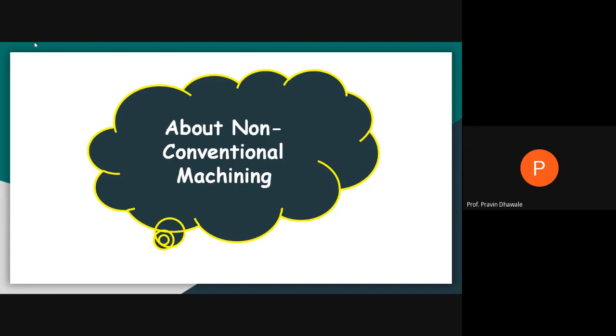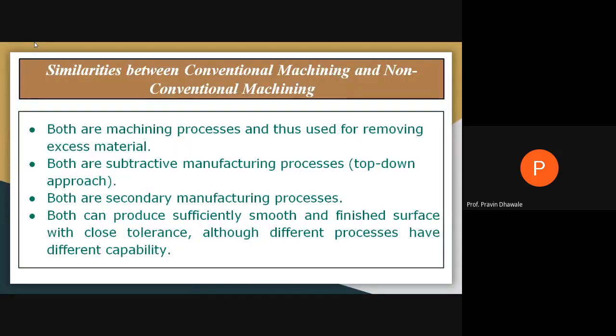How to remove material from a material having high hardness, like titanium, right? So these are certain limitations of conventional machining, because of which we are thinking about non-conventional machining, non-traditional machining, or advanced machining.